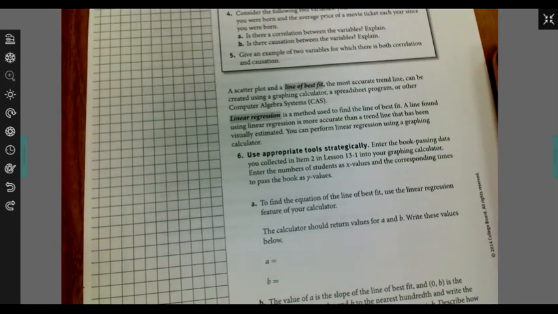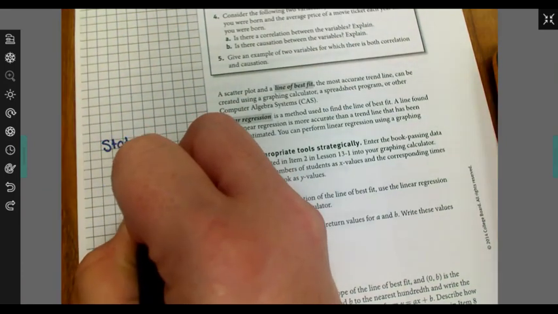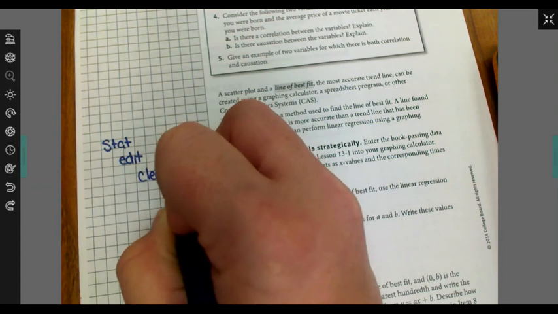So I'm going to make a note of what we've done thus far. We went Stat. We went to Edit. Then we cleared L1 and L2.